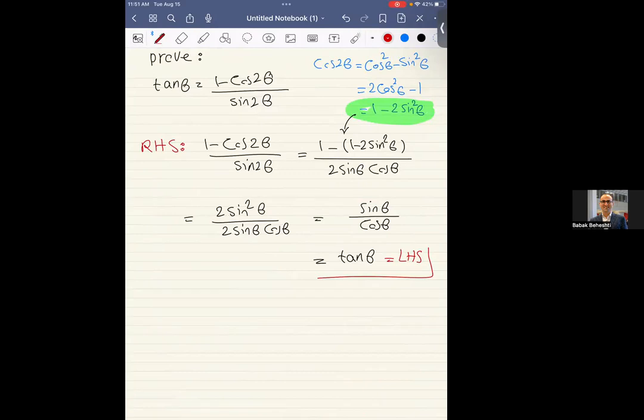So here I'm using these equations for cosine of 2 theta and sine of 2 theta. Cosine of 2 theta is equal to cos squared theta minus sine squared theta. Wouldn't it be negative 2 sine squared?